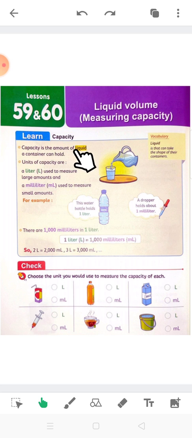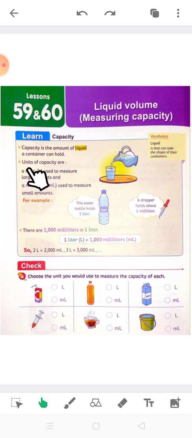Capacity is the amount of liquid a container can hold, like this. We have this cup. And this one contains how much liquid? Do we have liquid in these containers? So we can measure it using the capacity.